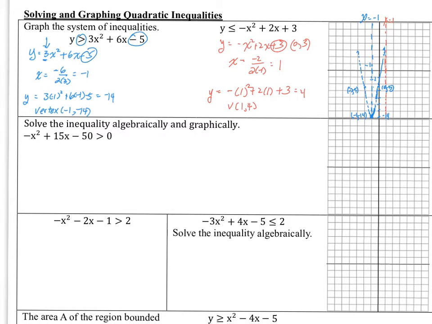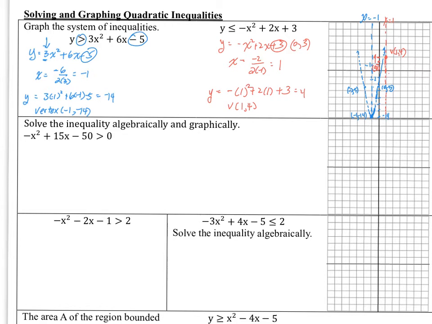Okay, and then the vertex 1, 4. And y-intercept at 3. It's right here. So this is 0, 3.